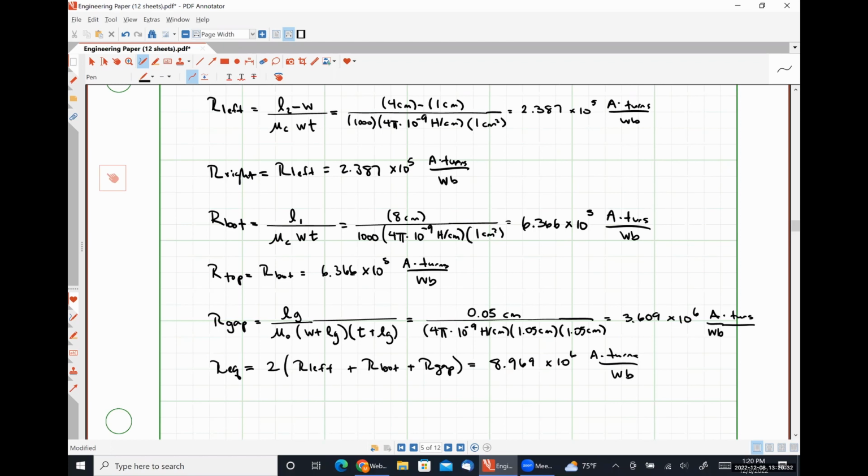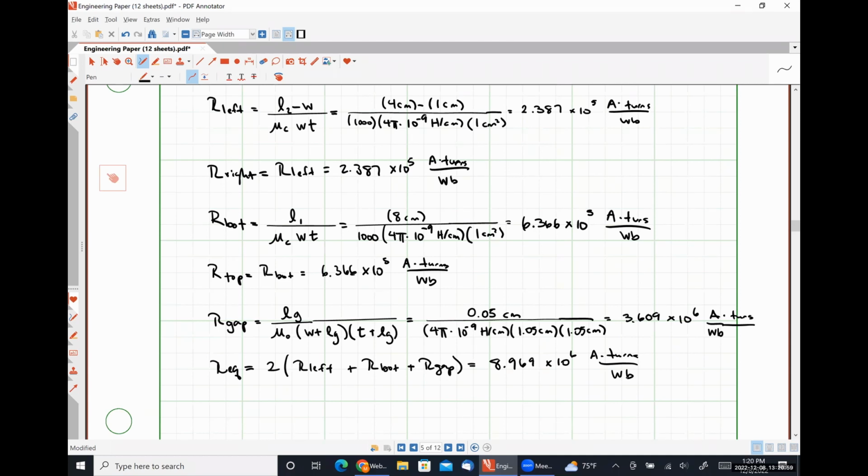So about 80.5% of the total reluctance seen by our flux is due to the air gap. So less than 20% is caused by the core material in this case because it has a relatively low permeability. If our core material's permeability were higher, we would see that fraction of total reluctance caused by the air gap would go up.